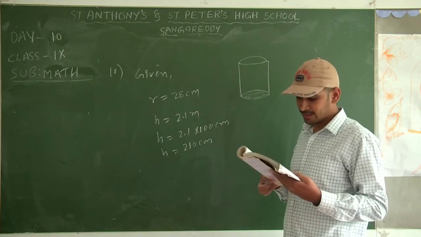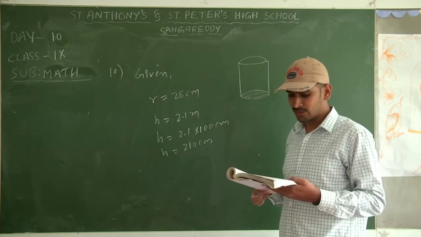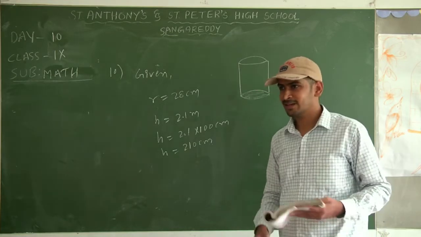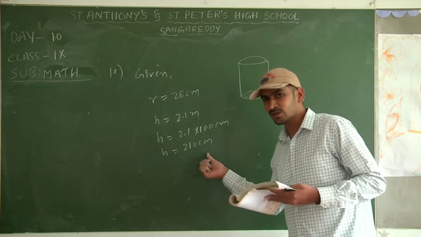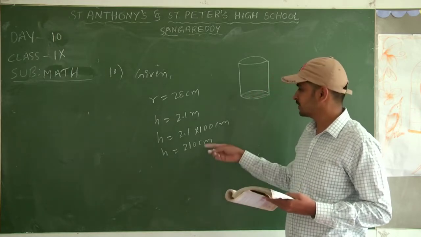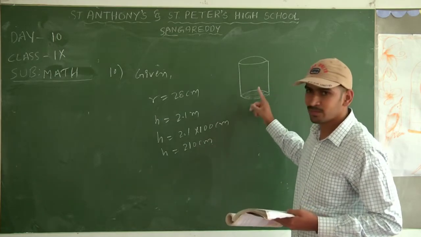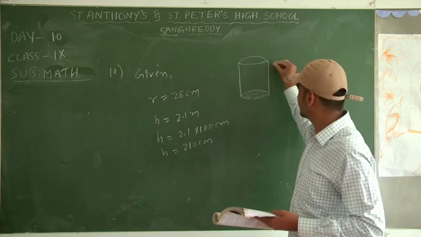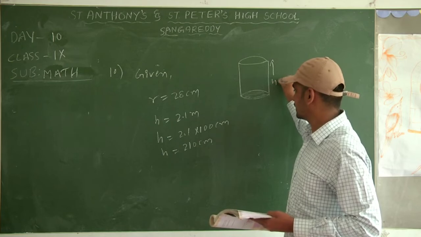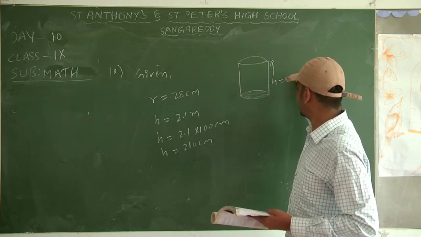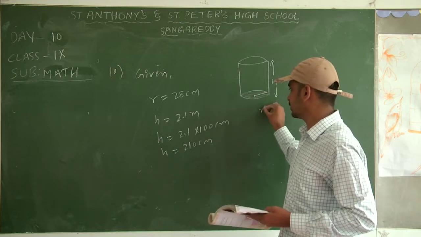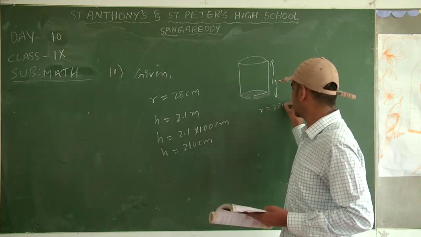So we have to find how much water you can store in the drum. That is, how to find this? Capacity of the drum is the volume of the cylinder. For this cylinder, H equals 2.1 meters and radius is given as 28 centimeters.